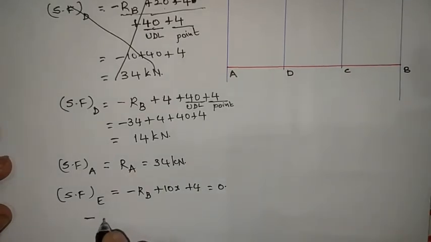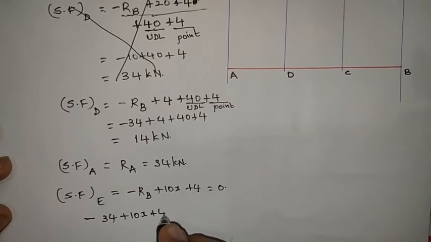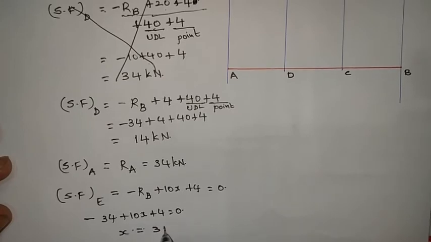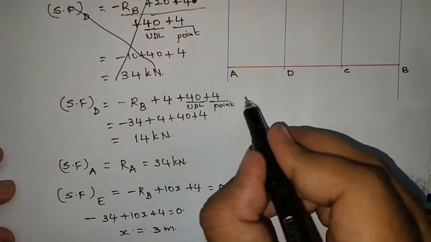So minus RB means minus 34 plus 10x plus 4 equals 0. Then what is the value of x? So that equals 3 meters, right?